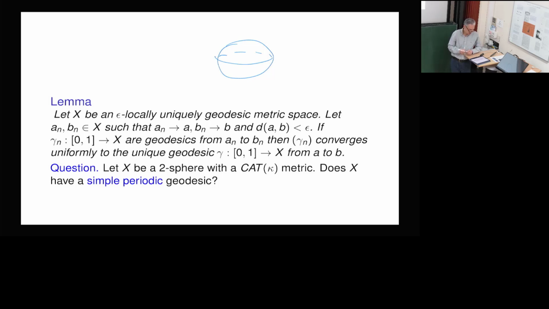Can I show that there is a simple periodic geodesic? There are the standard proofs, but we tried to apply them and didn't succeed. We tried to use the Hass-Scott flow, but we couldn't do it. So here is a question. Maybe it's not a hard question, but it is something that is known in the smooth case, but not known otherwise.